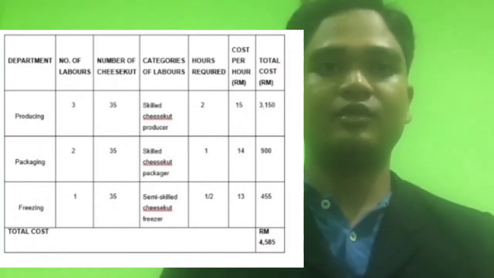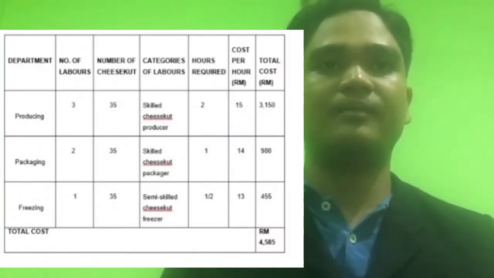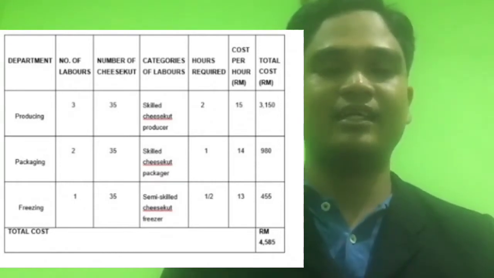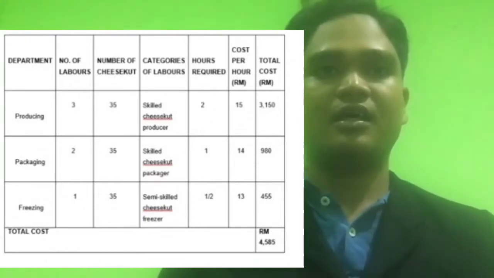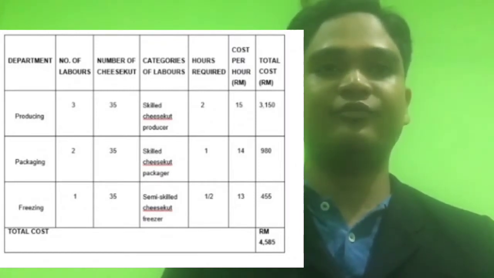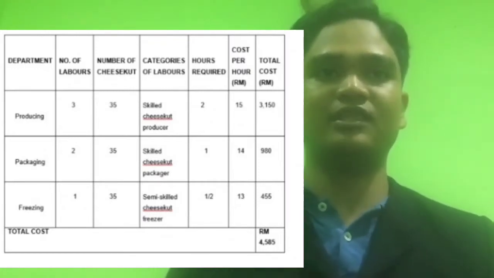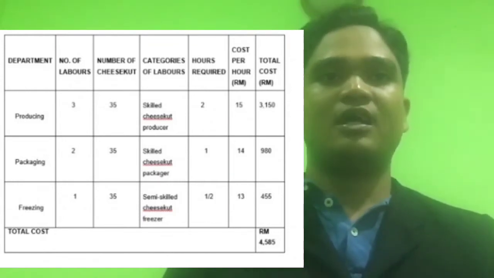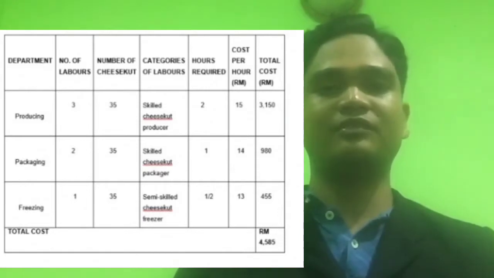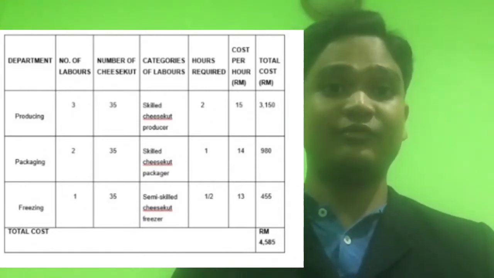Okay, so we move on to the direct labor table. As we can see, there are 3 departments to produce the cheesecoats. For the first department, production, the number of labor is only 3 workers. The number of cheesecoats to produce is 35.